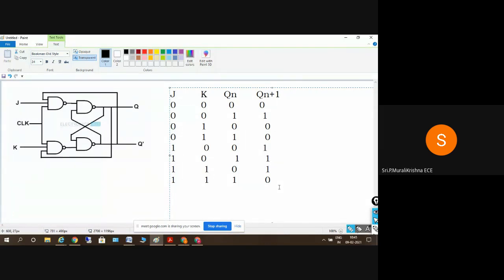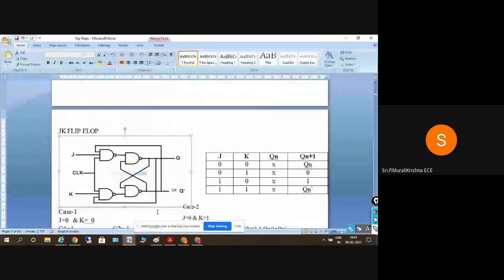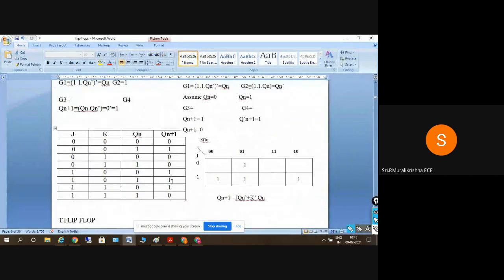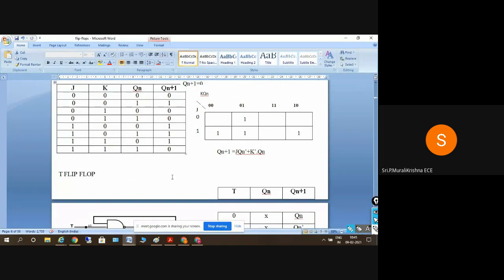So draw the K-map for this. So when we draw the K-map for this, okay, so this is the K-map for this.